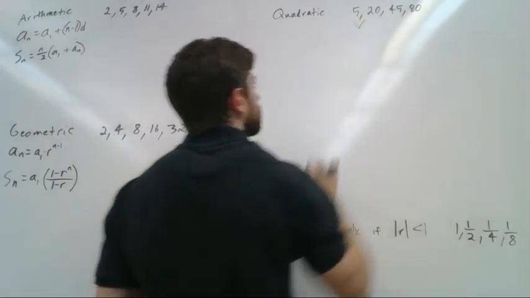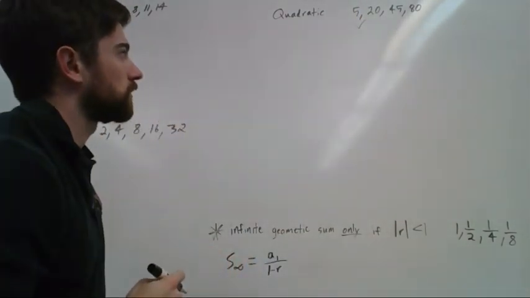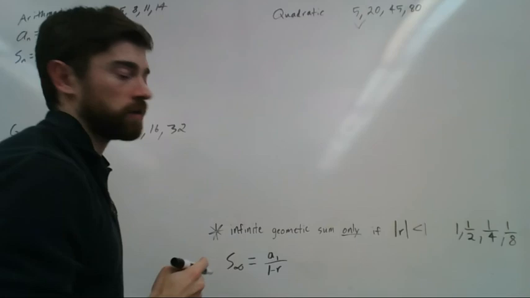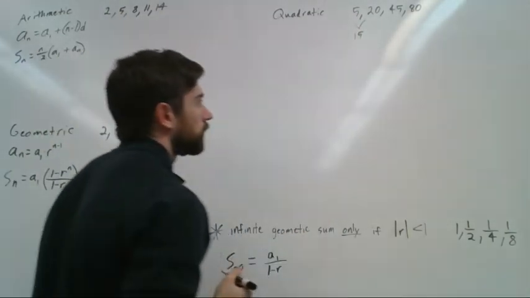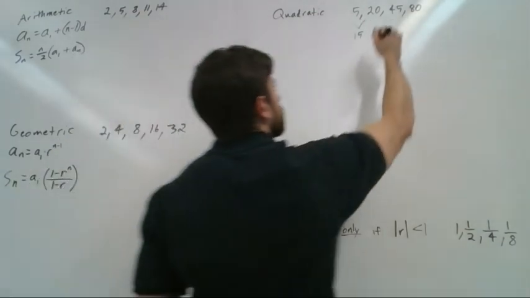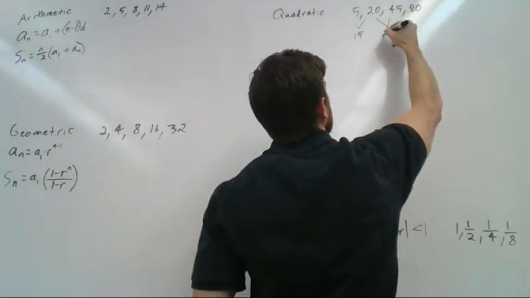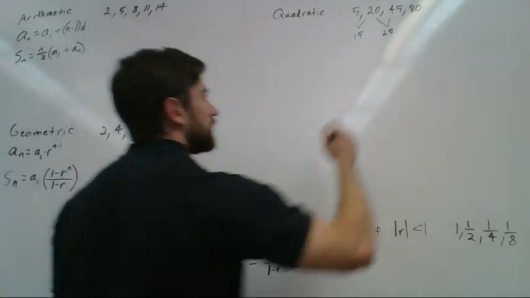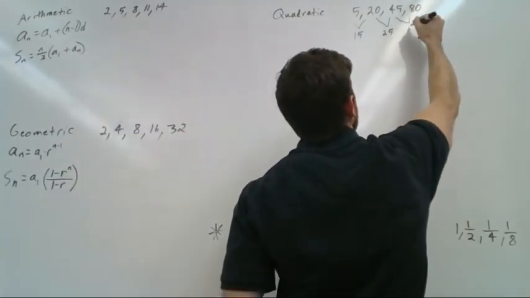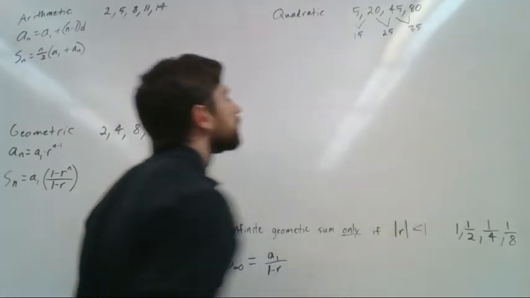We're going to take this difference. So 20 minus 5 is 15. 45 minus 20 is 25. And the difference between 80 and 45 is 35.